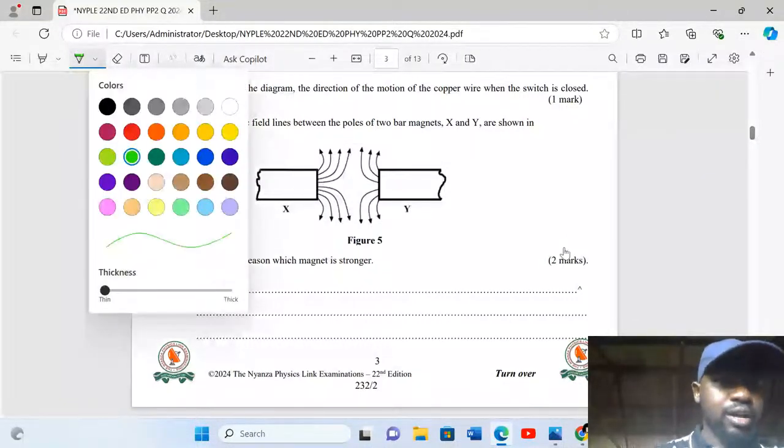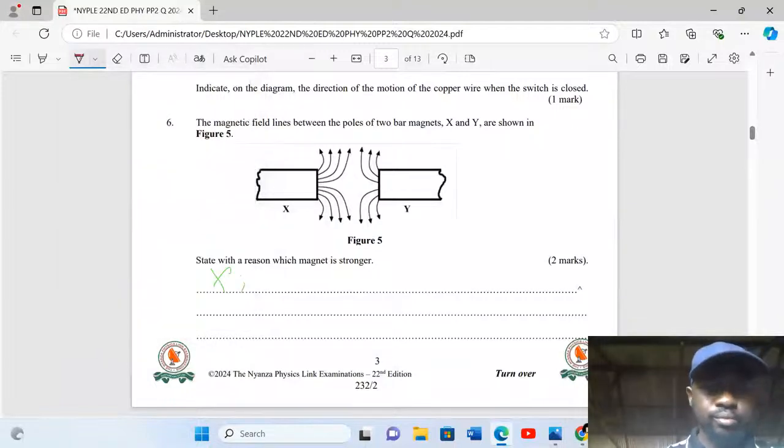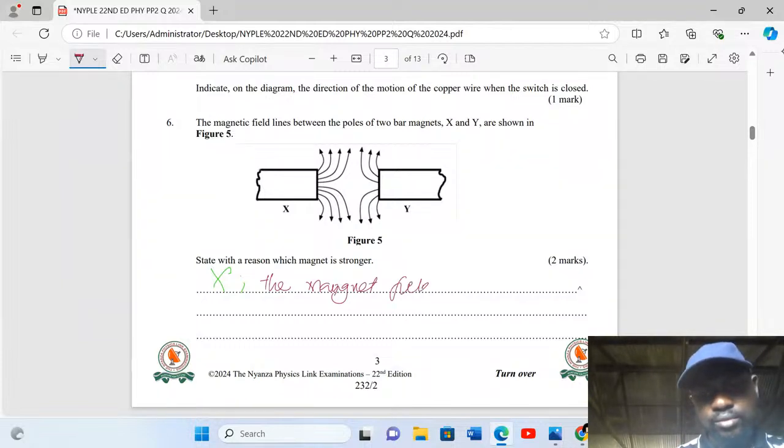Now we need to give the reason. The reason is, if you look at X, the magnetic field lines are highly concentrated.